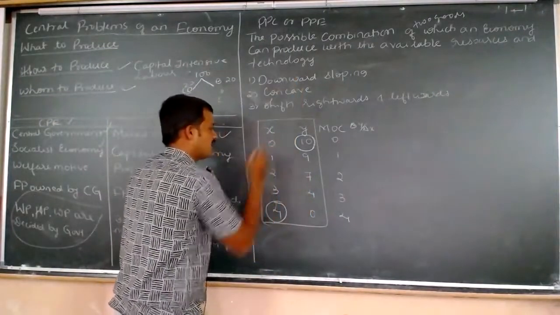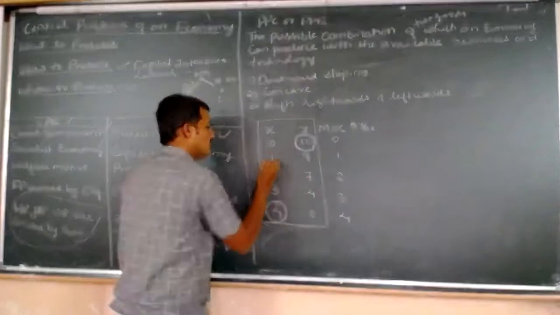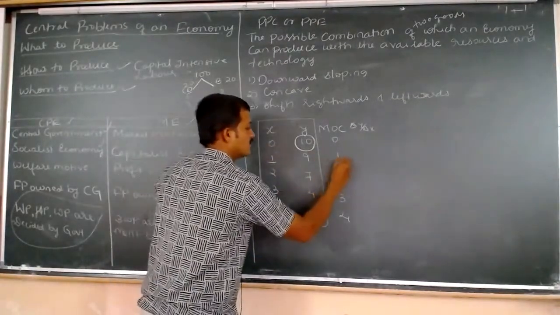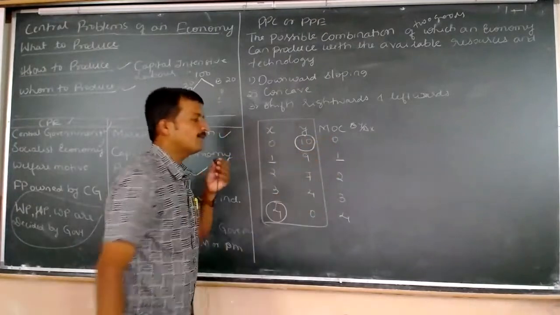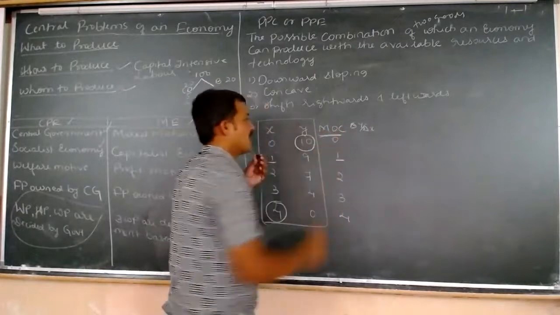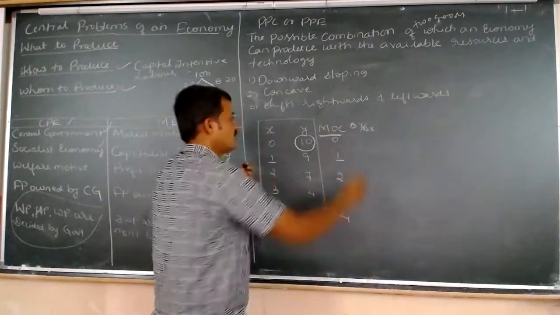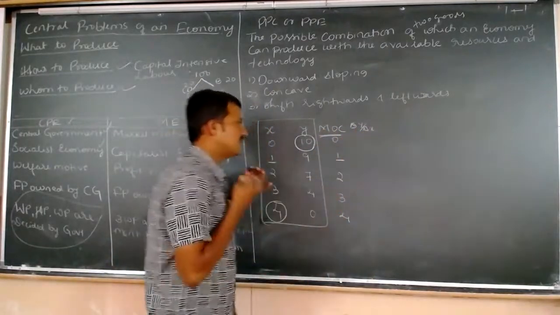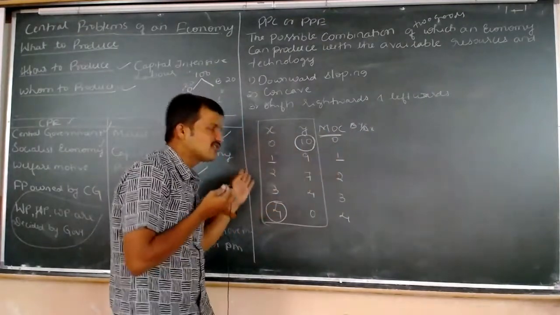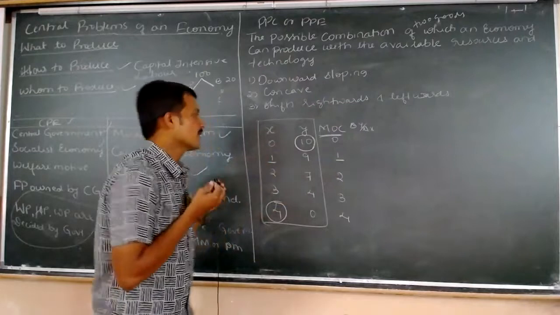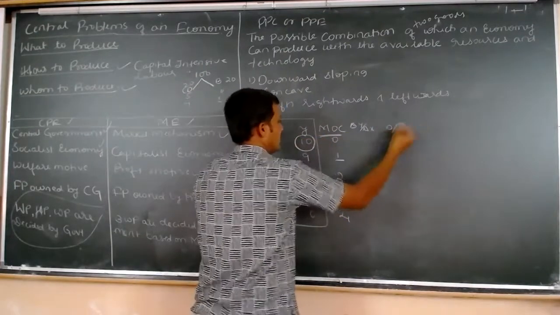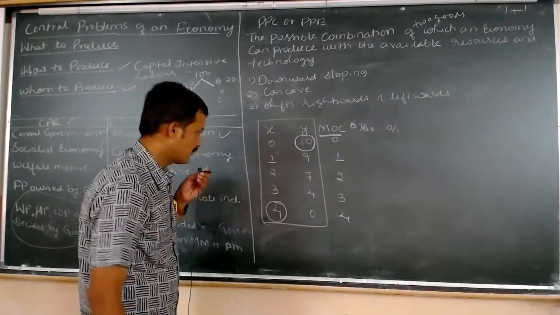If I increase 1 unit of x, I will be reducing 1 unit of y. See, this is the formula for marginal opportunity cost, that is delta y divided by delta x. That means the change in y divided by the change in x. Now if you do that, the first one is 0 divided by 1, so absolutely it will be 0.